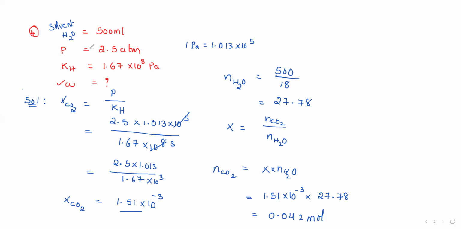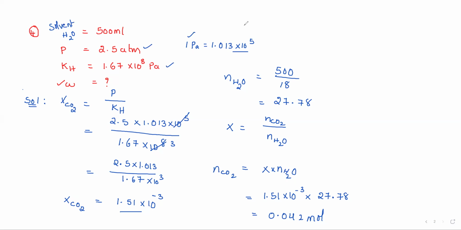This 2.5 atm we are going to convert into Pascal. Then Henry's law constant you have in the data, that is 1.67 into 10 power 8 Pascal. So now from this data you can calculate the mole fraction of CO2 equal to P by kH. Substitute these values. 1 atm is 1.013 into 10 power 5 Pascal.